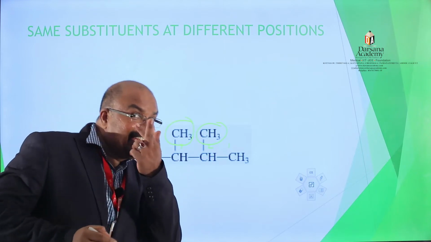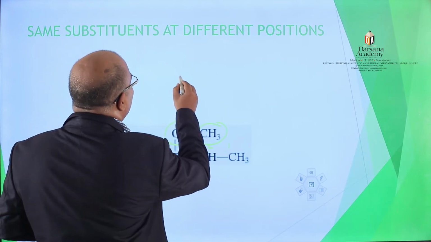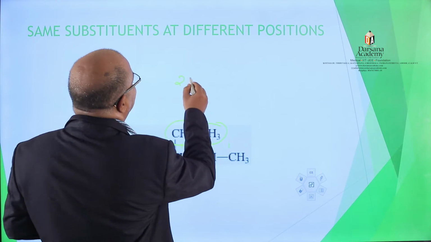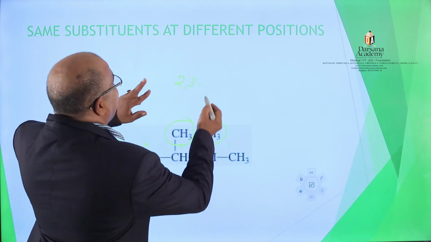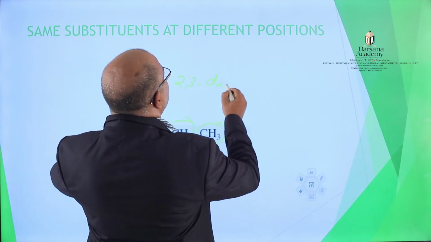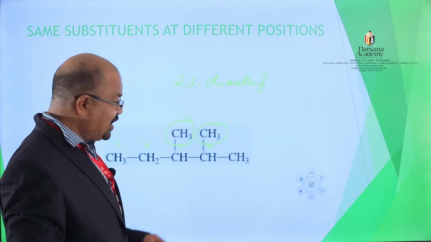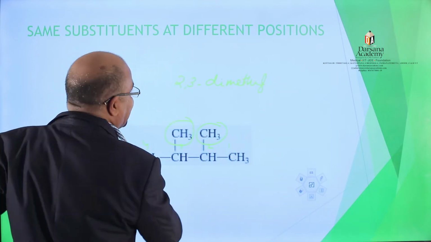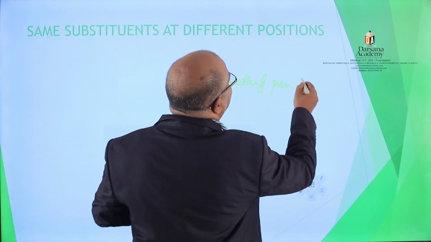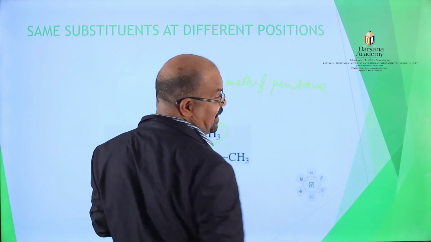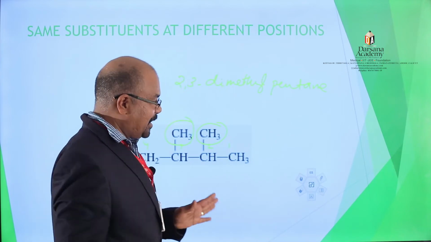So di, 2 times. So 2,3-dimethyl, because methyl occurs 2 times. So dimethyl, then the root word, pentane. Clear? Okay, then next.